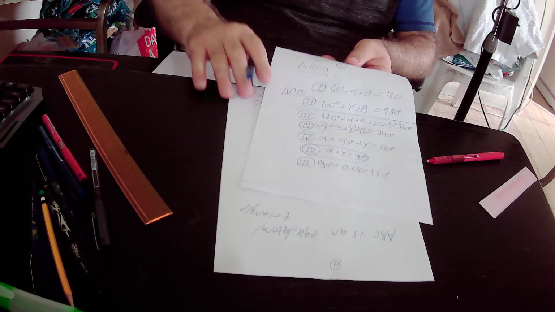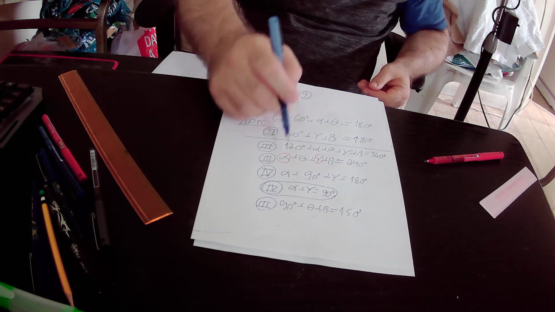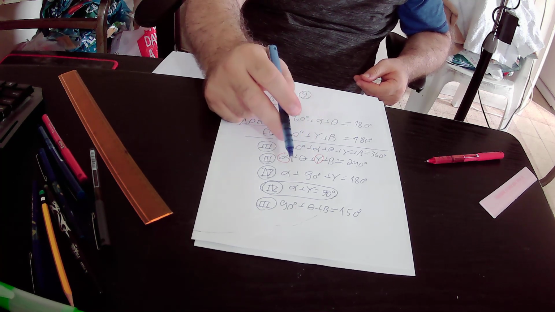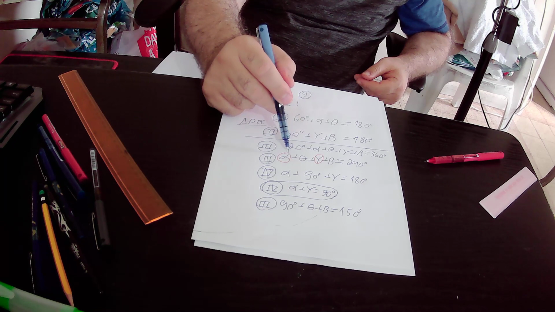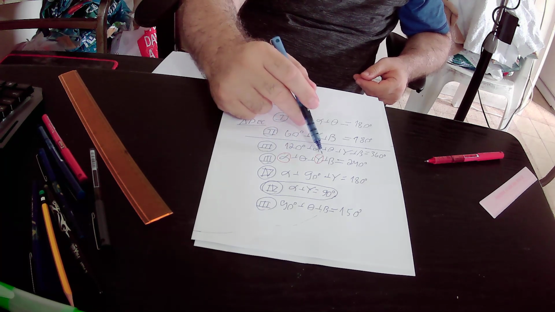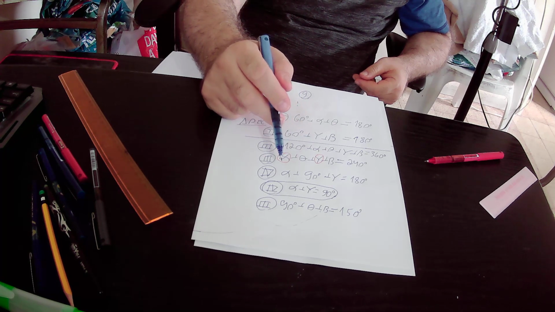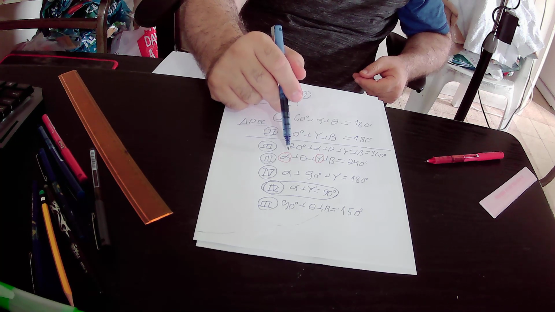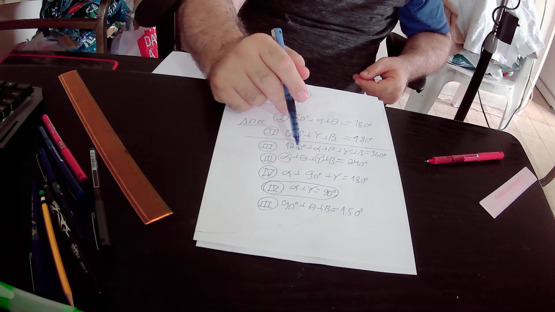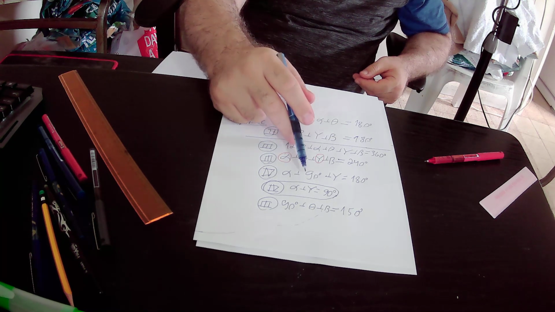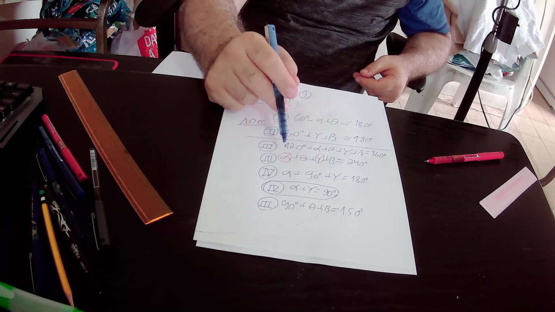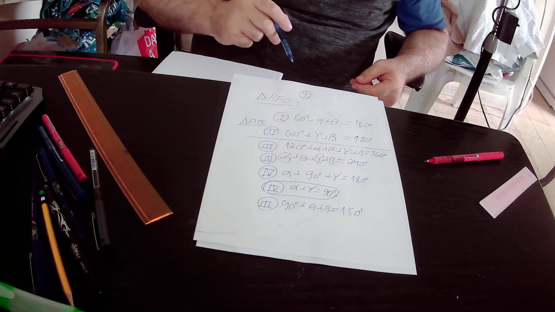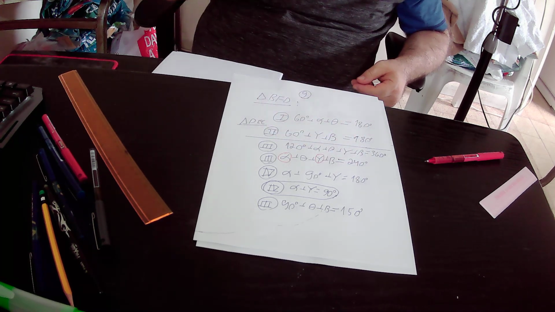We substituted alpha plus gamma in equation number 3 by 90 degrees because alpha plus gamma equals 90 degrees, and we got that 90 degrees plus theta plus beta equals 150 degrees.